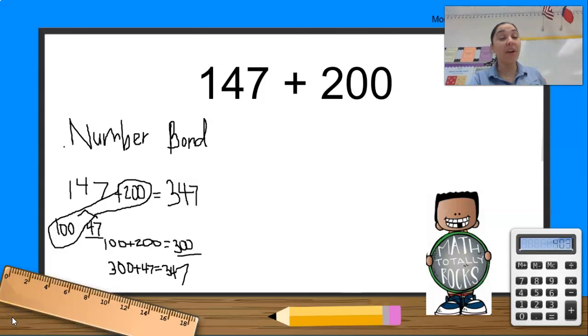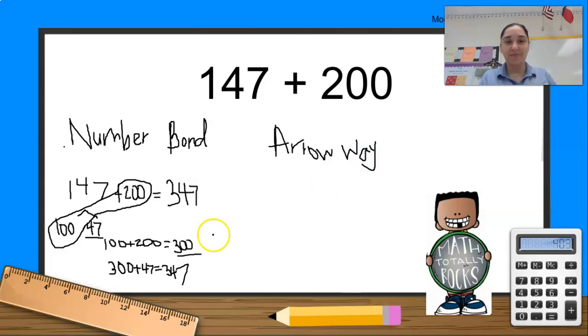Okay, boys and girls, now we're going to start solving this using the arrow way. So let's do the arrow way. How can I do the arrow way? Yes, I write the number 147.